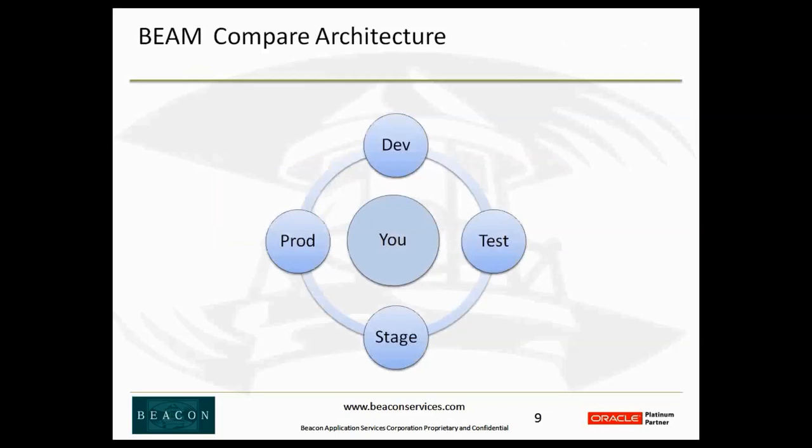So let's look at Beam, let's look at PeopleSoft pretty straightforwardly. At the simplest level, I can draw the PeopleSoft and Beam architecture. This is what we have. You have instances in PeopleSoft: dev, prod, stage, test, demo, maybe more, and you have yourself. And most of the time you are trying to figure out what's going on in those environments.